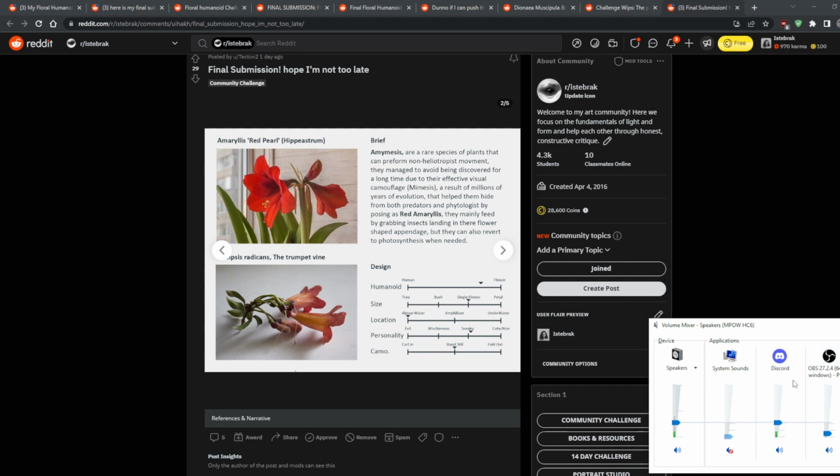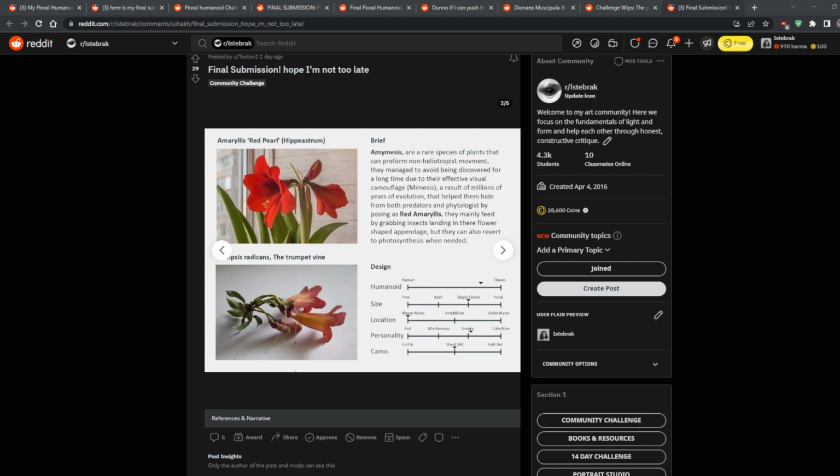Basically, I had a set of rules, or constraints, that I had to abide by to have a real design, in a sense. So what was its scale, its location, what was its type of camouflage? Camouflage was really important, central to the design.